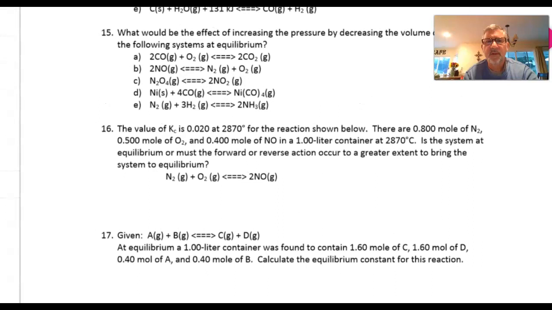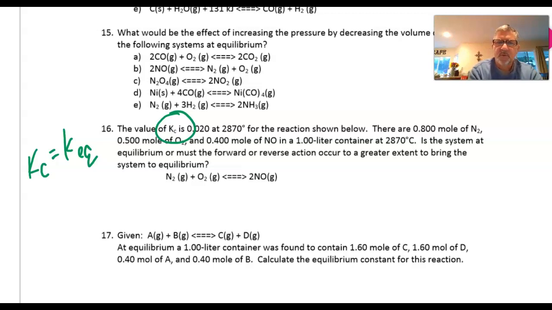Alright, when we get down here and you see Kc like this, Kc is essentially the same thing that we talked about as Keq. It's the constant of the concentration at equilibrium. Remember, it's products over reactants.